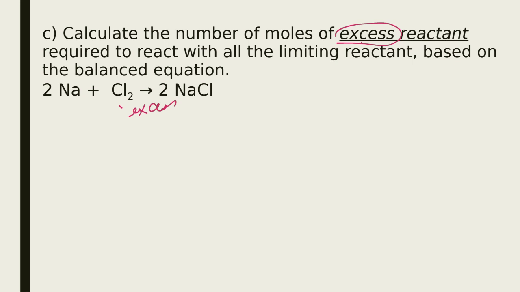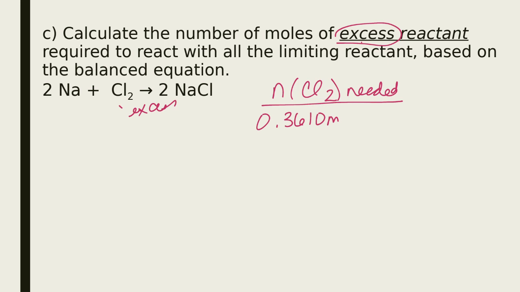And if we do this, then all we need to do is set this up again so that we figure out how many moles of chlorine are needed to react with our limiting reactant. Well, our limiting reactant is sodium. And remember, we only have 0.3610 moles of sodium around.